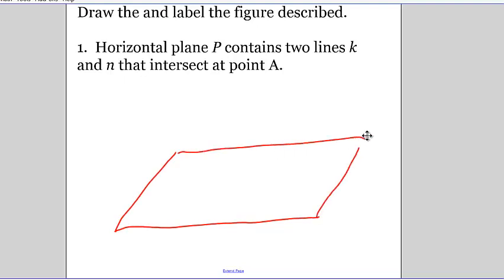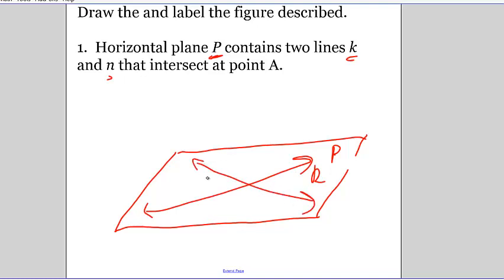Now planes, italicize P. So we label it plane P. And 2 lines K and N, lowercase letters. So I'm going to label that K and N that intersect at point A.